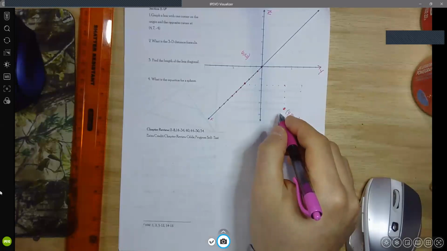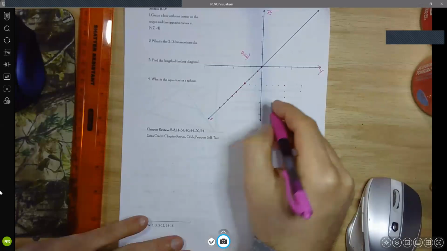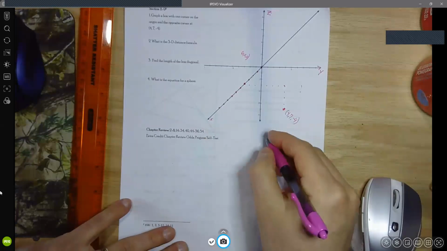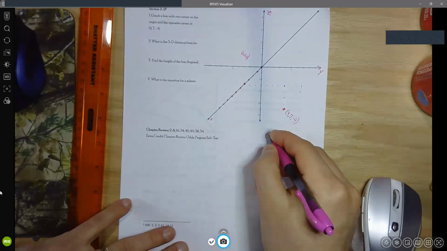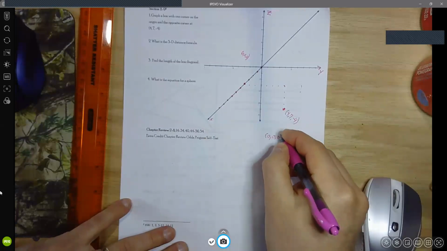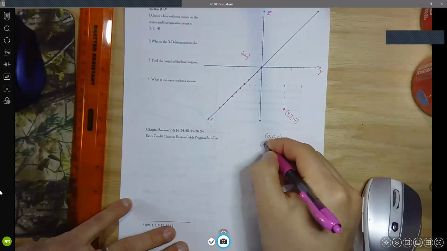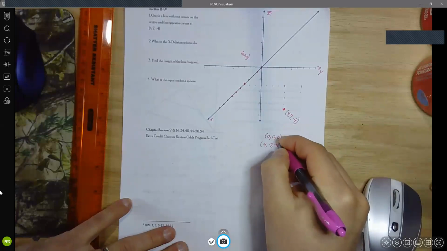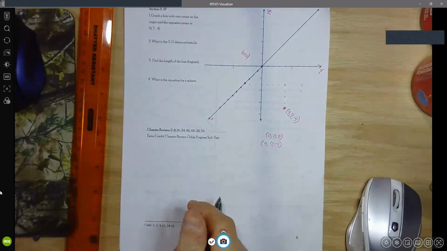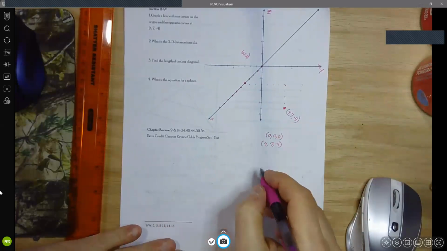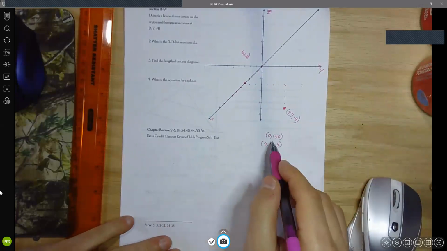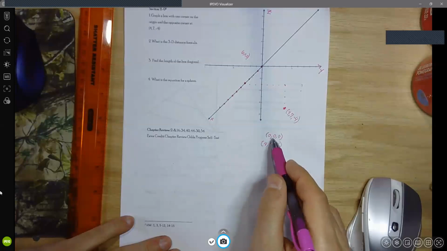Now we have to make a box out of this. We have 2 of the points for the box so far. The way to do this is, my options for my x coordinate are 0 and 4. My options for my y coordinate are 0 and 7.